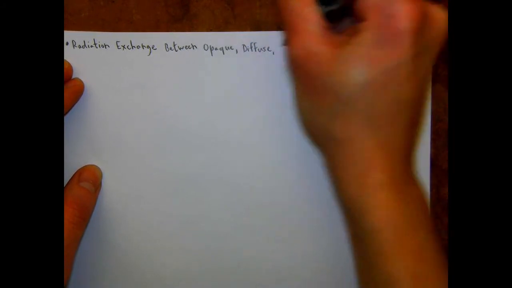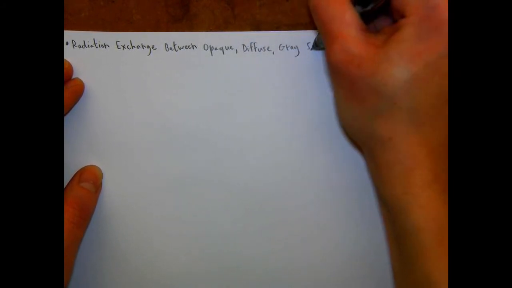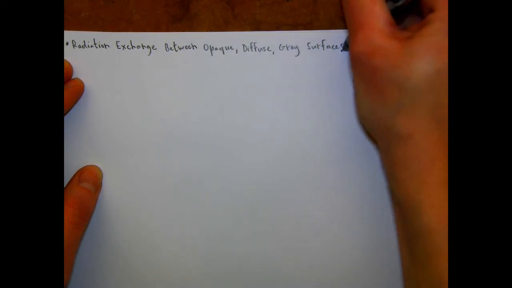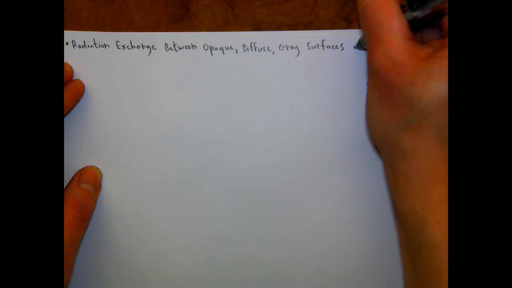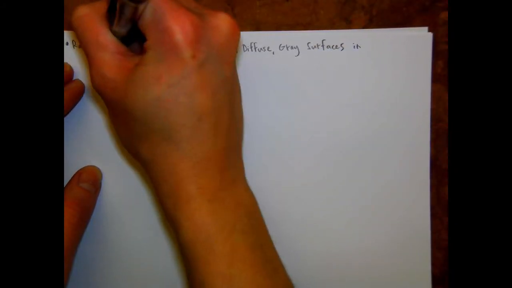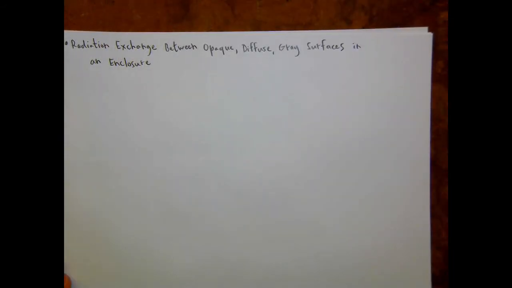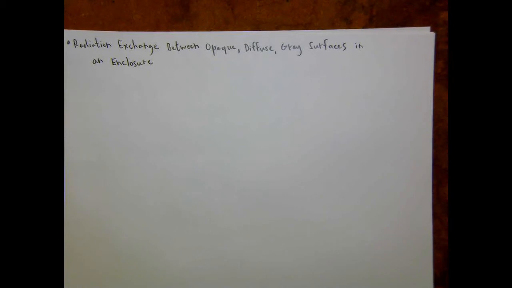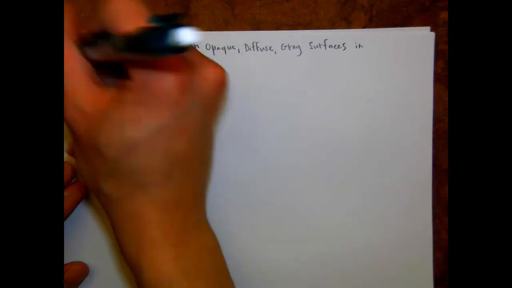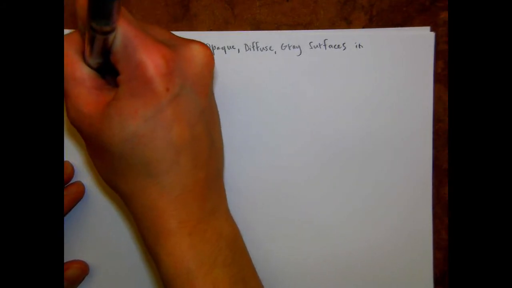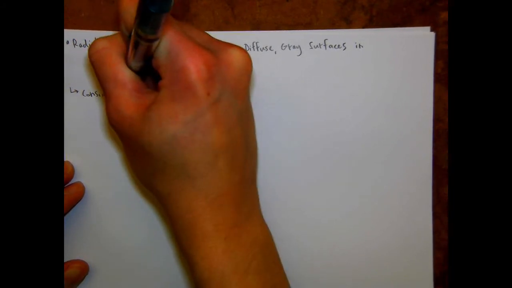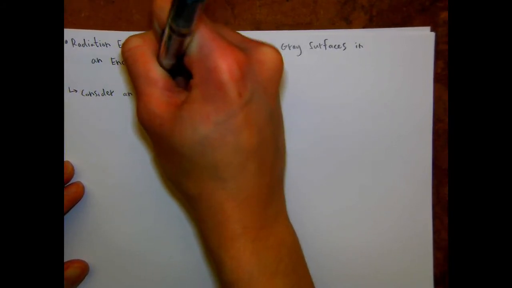So opaque, diffuse, gray surfaces in an enclosure. So we're going to start by talking about an enclosure composed of multiple distinct surfaces.